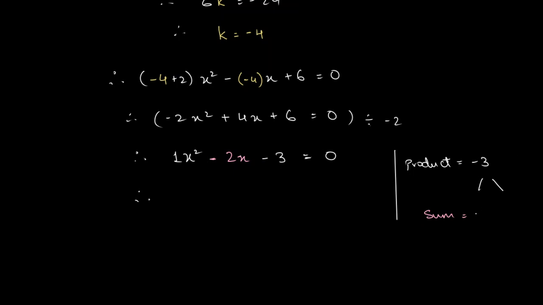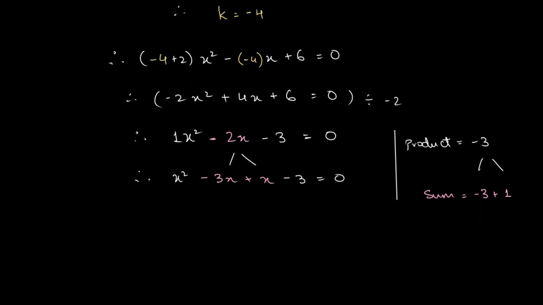So rather simple, because minus 3 into 1 will give me minus 3, and minus 3 plus 1 will make it minus 2. So I have x square minus 3x plus 1x minus 3 is equal to 0. So I split minus 2x into minus 3x and plus x.